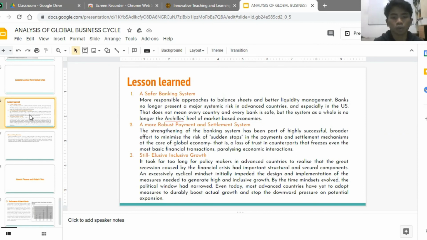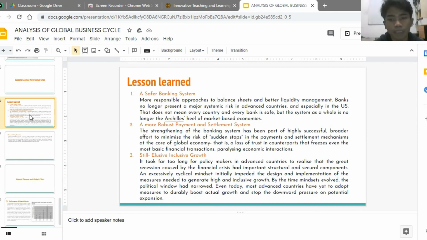It took far too long for policymakers in advanced countries to realize that the Great Recession caused by the financial crisis had important structural as well as cyclical components. An excessively cyclical mindset initially impeded the design and implementation of the measures needed to generate high and inclusive growth.